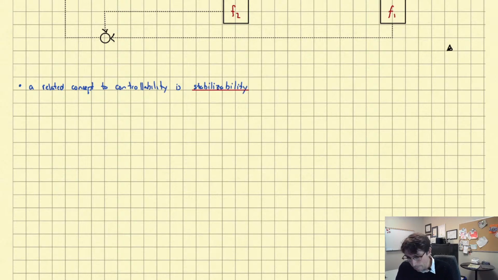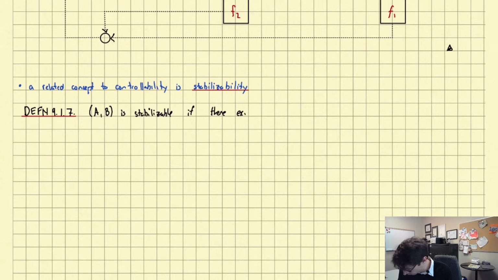All right. And so the definition is the following. AB is stabilizable, or the system is stabilizable, if there exists an F so that A plus BF is stable.